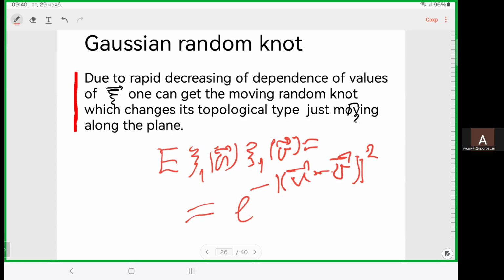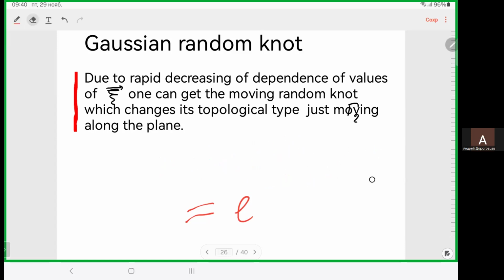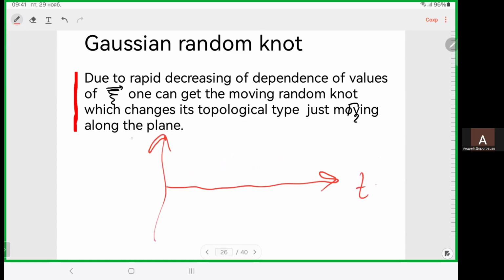The situation here is very interesting and looks like the behavior of the trajectories of Brownian motion. Let me recall the behavior of trajectories of the one-dimensional Brownian motion. Suppose this is time, here is the value of W, and it looks like the following. I was just trying to draw a chaotic, very ugly function, which is nowhere differentiable and so on.